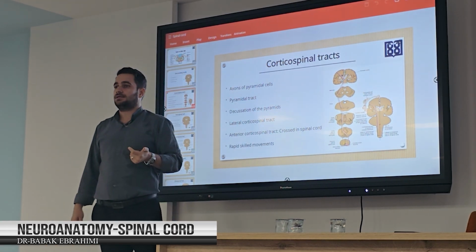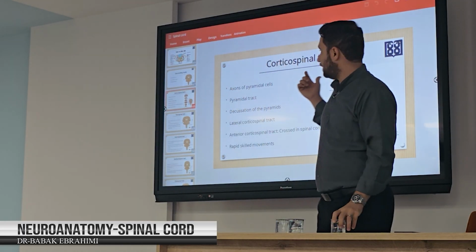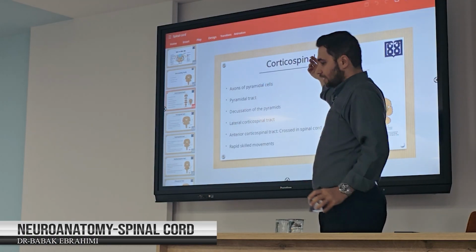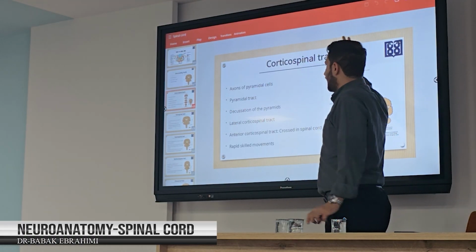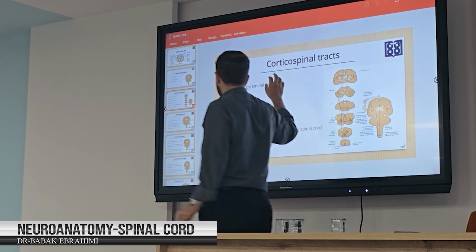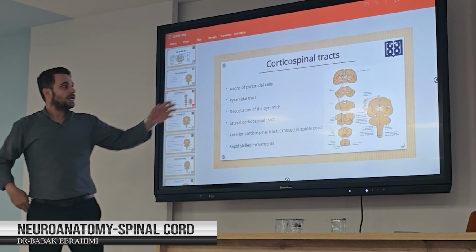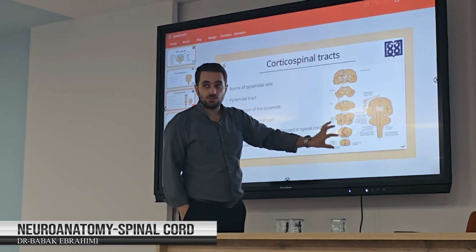Cortico-spinal tract. It started from where? Cortex. And terminate at spinal cord. You are seeing, it is started from the cerebral cortex. Okay? And it carries what? It carries motor commands or motor information. It started from the cerebral cortex, then comes to spinal cord.